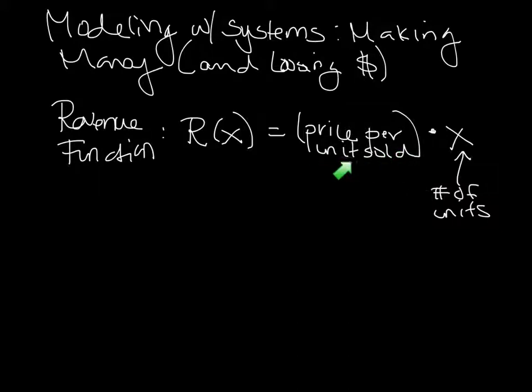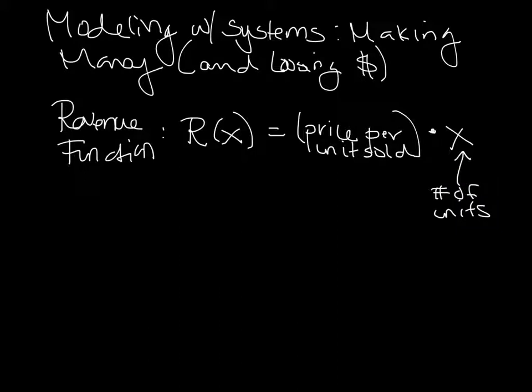You would multiply the price times however many computers you sell, and that is your revenue. So again, revenue is the money generated by selling x units of some product.